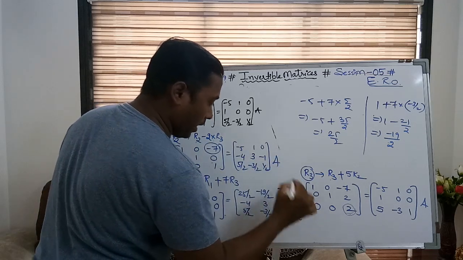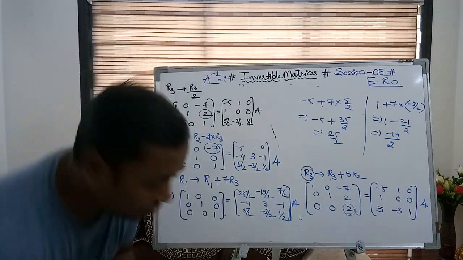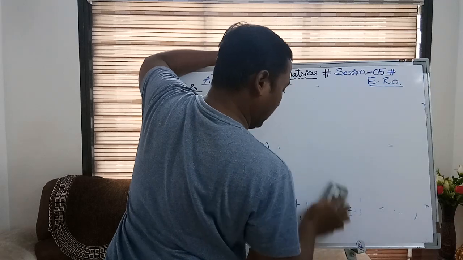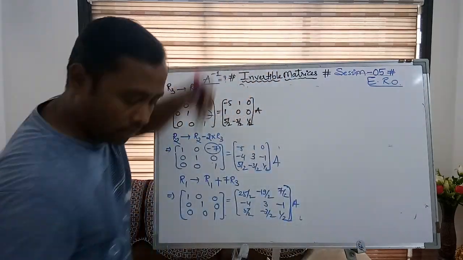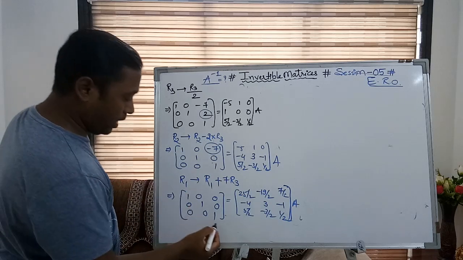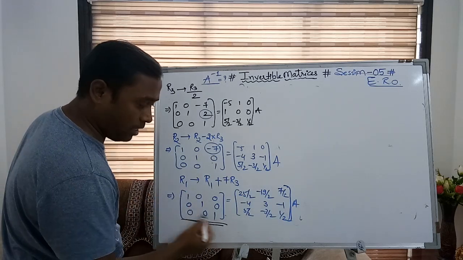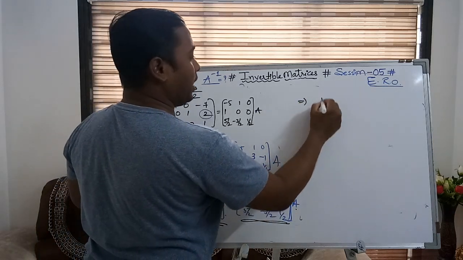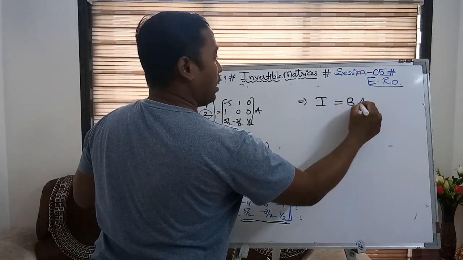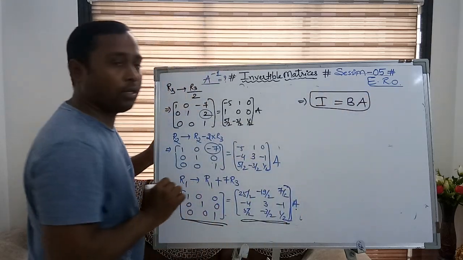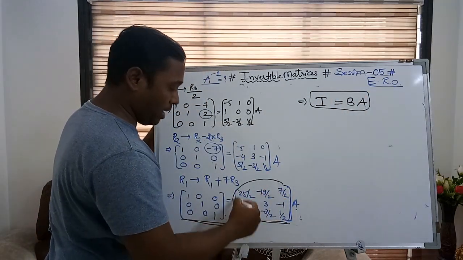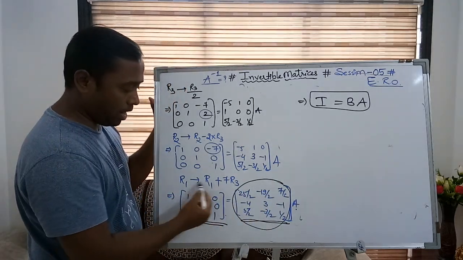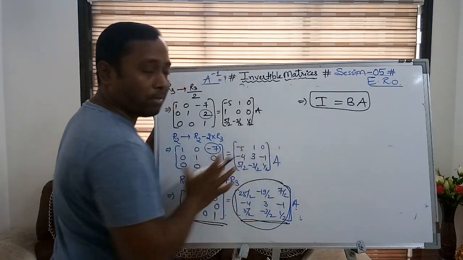A and A. So what did we get as a final answer? It reduced to the identity matrix, with A. So we ended with I equals B into A. Hence this matrix is called the inverse of the given matrix, because the left side becomes the identity matrix.